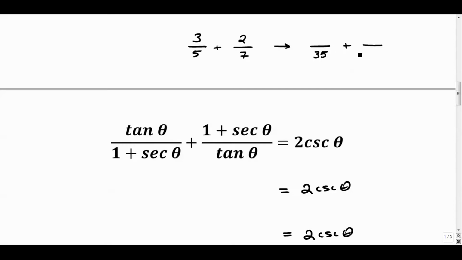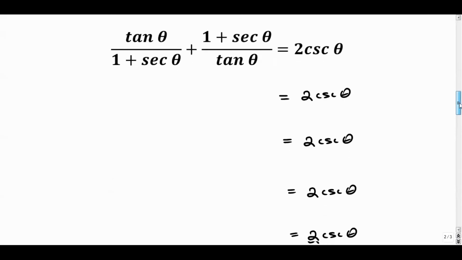In this case, it is the lowest. 7 times 5 is 35. So how did I change 5 to make it 35? I multiplied it by 7, so I need to multiply the numerator by 7 too. 7 times 3 is 21. How did I get 7 to be 35? I multiplied it by 5. 5 times 2 is 10. I have common denominators, so I'll add my numerators and keep the denominators.